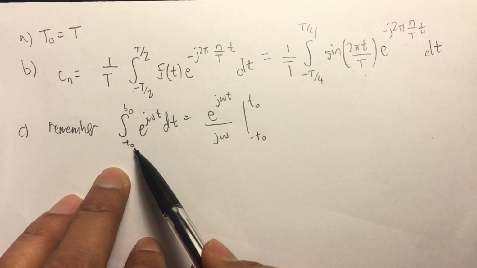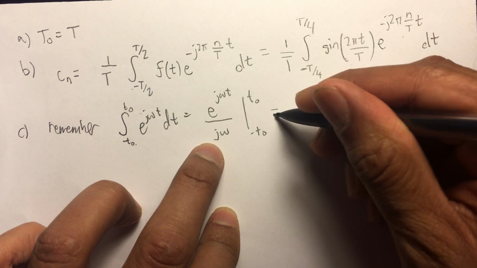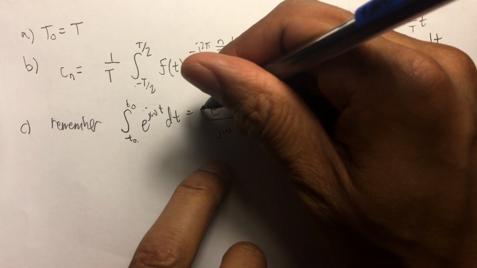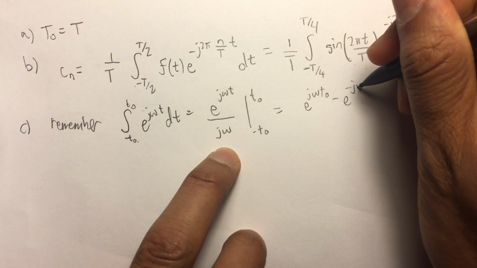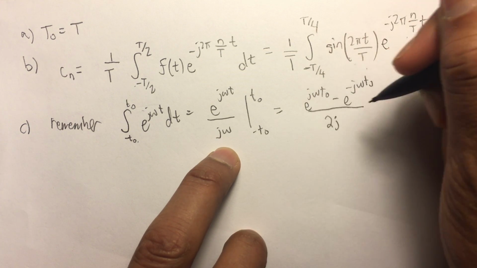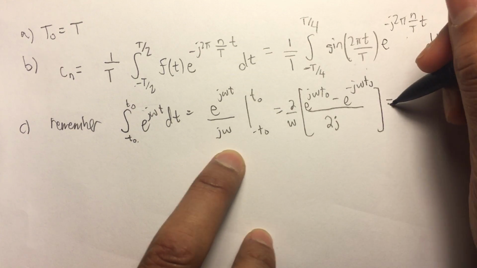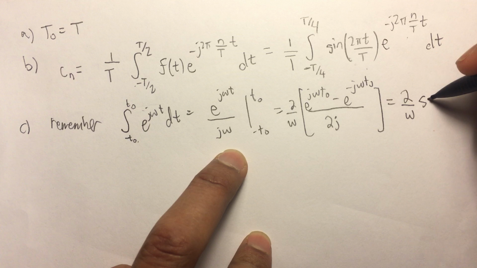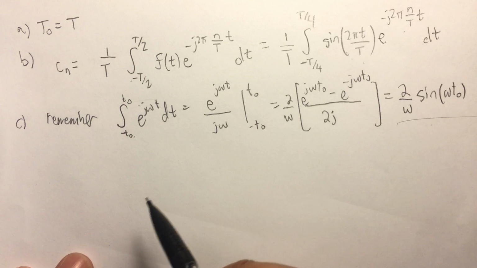If we have a complex exponential and we integrate over limits symmetric about the origin, we're left with this, which we can rewrite as e to the j omega t naught minus e to the minus j omega t naught over 2j, and then here we have 2 over omega, which is equal to 2 over omega sine of omega t naught. Okay, so let's just remember this.